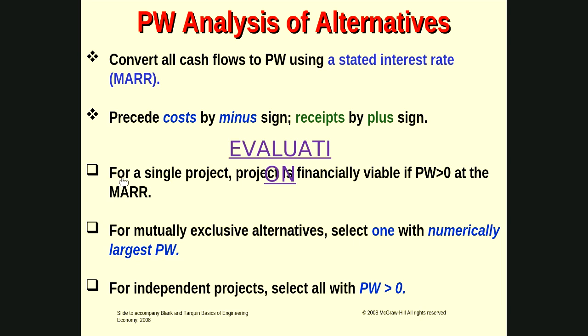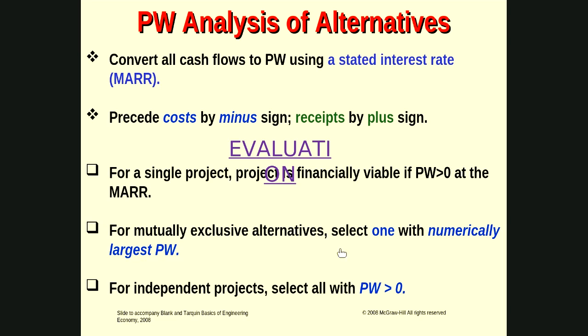So for a single project, it is financially viable if the PW, the present worth, is greater than 0. That means if I have a single project, like my capstone design, and at the end of that project the net is greater than 0, it's a profitable project and I can go with it. If it is less than 0, the project is making a loss, so there is no meaning to go with it because you are going to lose your money.